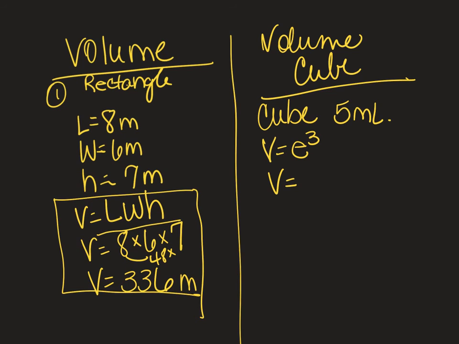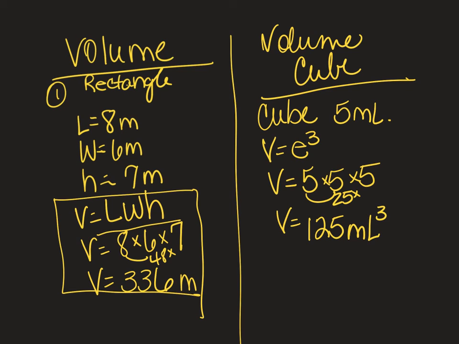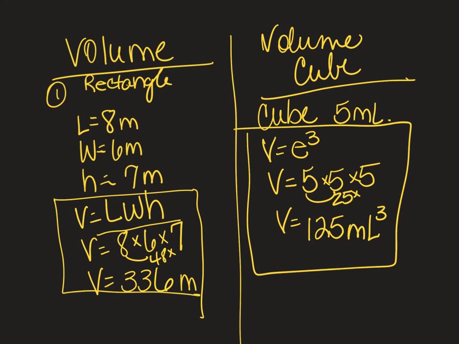Volume equals, look, 5, there, everybody watch, times 5 times 5. Okay, so that takes the measurement and multiply it by itself, 3 times, 5 times 5 times 5. Multiply. Volume equals 5 times 5 is what? 25. Times 5 more? 125 milliliters cubed. That's your answer. And that's how you write your problem.